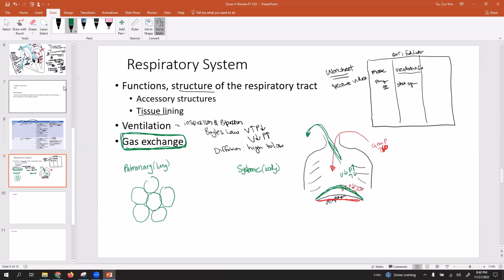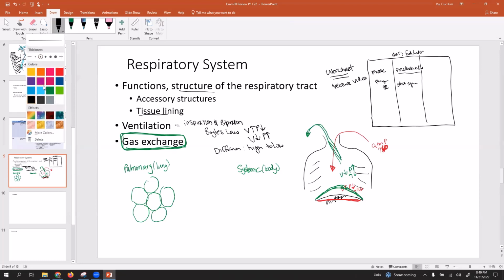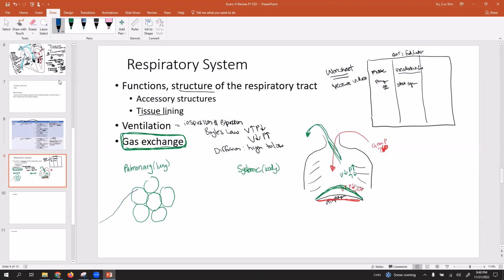Okay. And then you've got blood vessels bringing blood to the lungs, or to the alveoli.